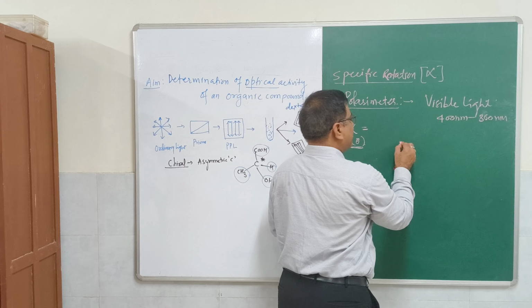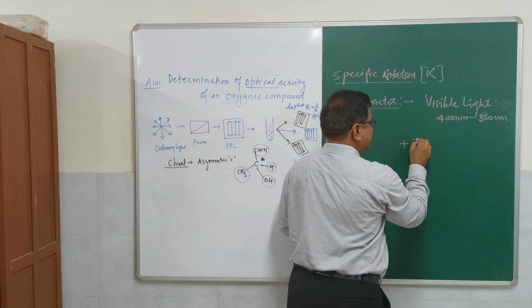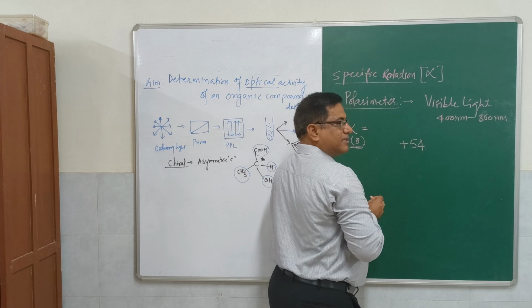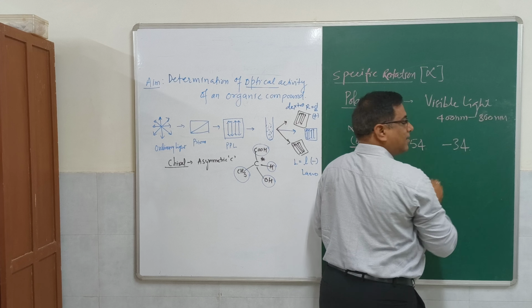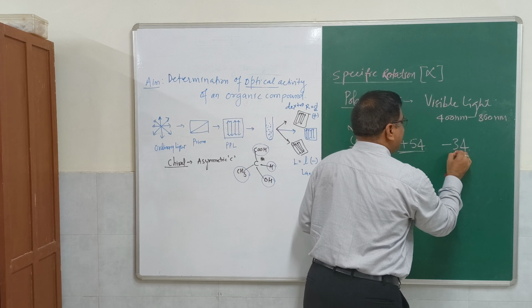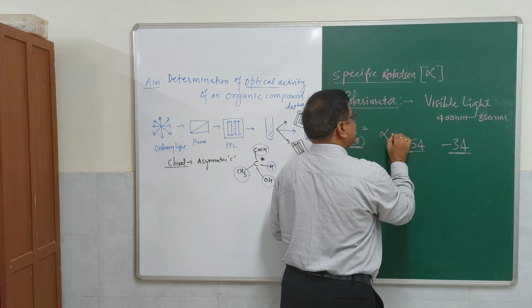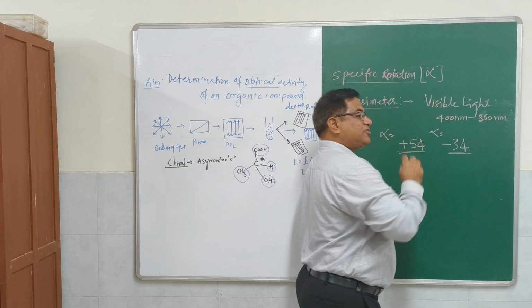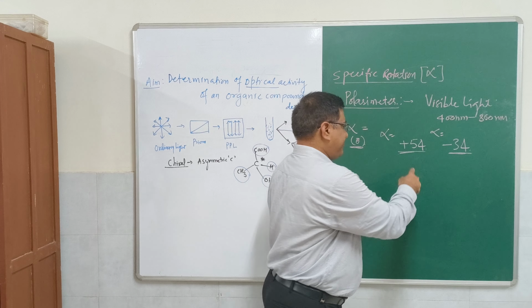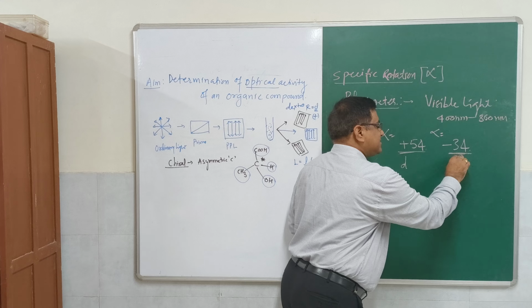Some compounds show the value plus 54, some show minus 34. These values we have calculated using alpha, and with the help of these values we can conclude which is the dextro-rotatory compound.